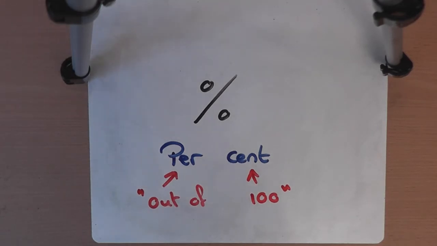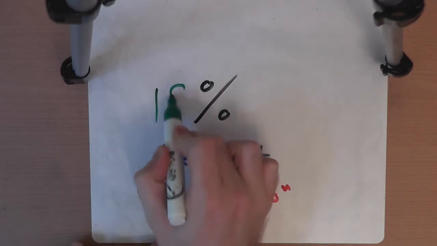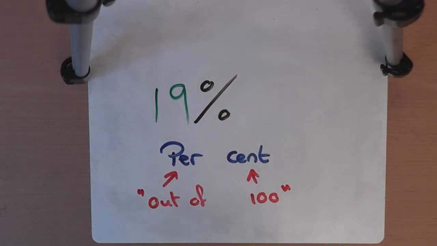And that is the key idea behind these percentages. That we are talking about a certain chunk of 100. If I were to put a number in front of this percentage now, and talk about, for example, 19%. 19% literally means 19 out of 100. It says that if we had 100 things, 19 of them would be whatever we are looking at.